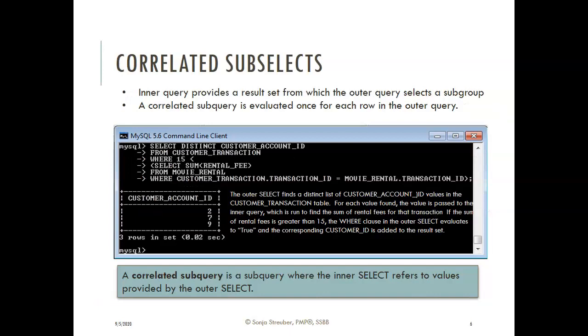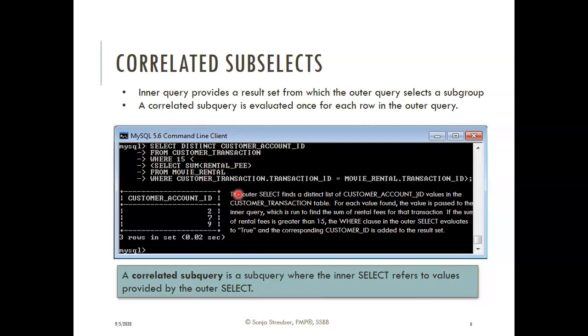What if we wanted to find all the customers who have paid more than $15 to us? Here we would be using a correlated subselect. A correlated subselect is just like a subselect with an inner query in parentheses and an outer query.